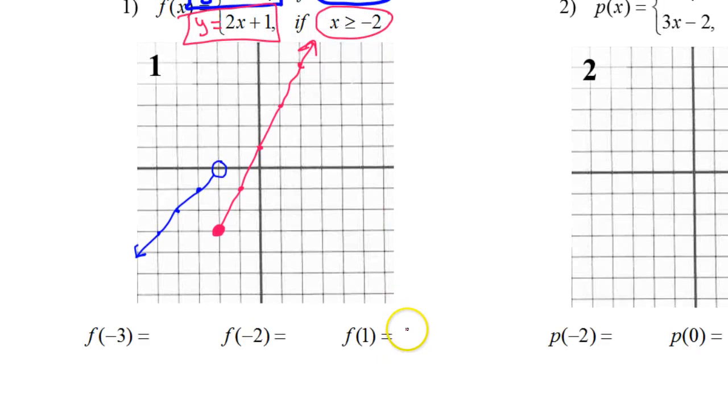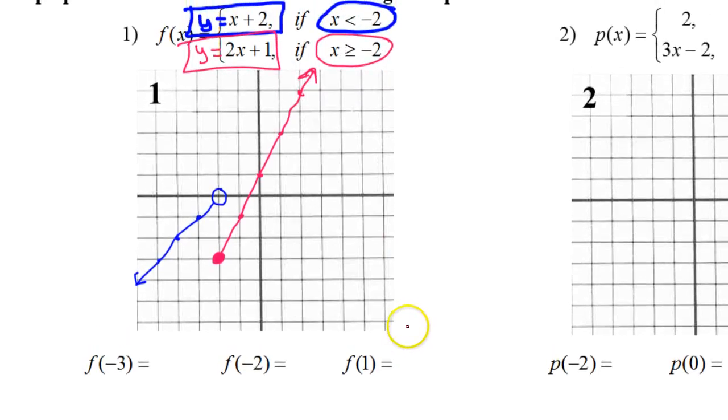Now let's go ahead and talk about evaluating. Let me sort of do this over again. When you're evaluating, you're going to wind up taking this number and substituting it in for x. But don't do it for both functions. You have to decide which function you're going to use, the top function or the bottom function. Well, -3, is that less than -2 or is it greater than or equal to -2? -3 is less than -2.